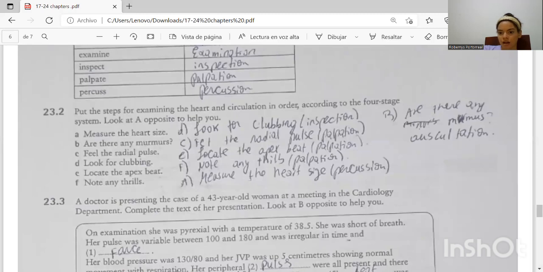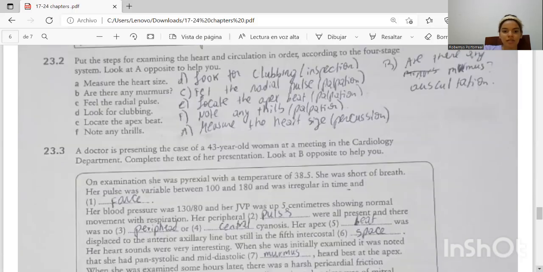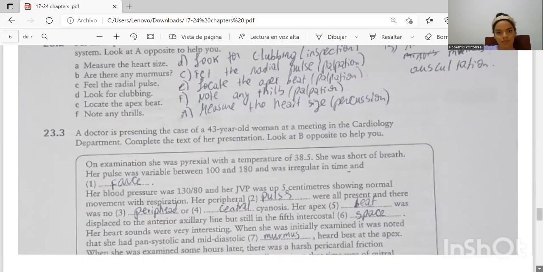Auscultation. C. Feel the radial pulse: palpation. D. Look for clubbing: inspection. E. Locate the apex beat: palpation. F. Note any thrills: palpation.